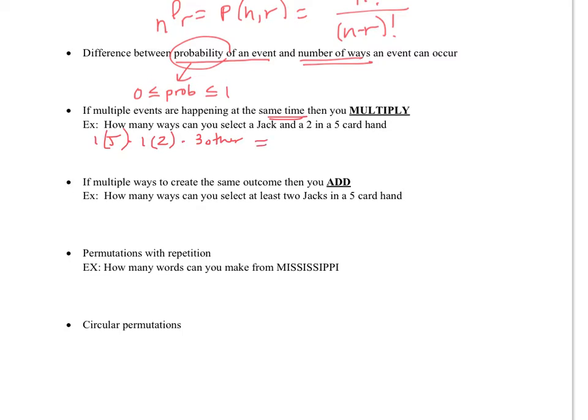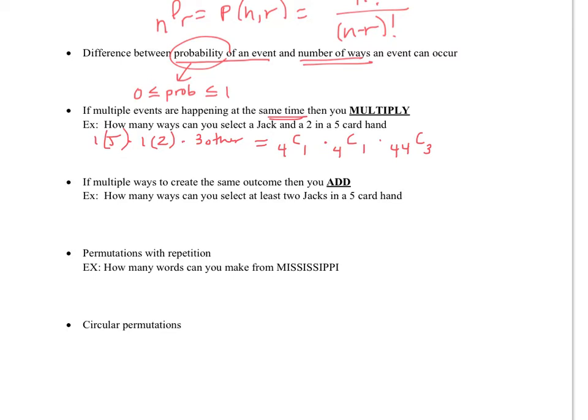Well, there are 4 jacks that I could pick, so I will have 4 choose 1. There are 4 2s that I could pick, so I'm going to multiply that by 4 choose 1. And then there are 44 other cards that are not jacks and are not 2s. So I'm going to have 44 choose 3. And then I would multiply all of those together.